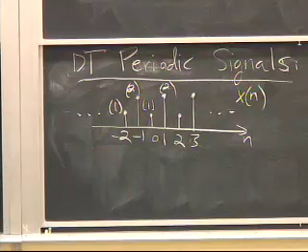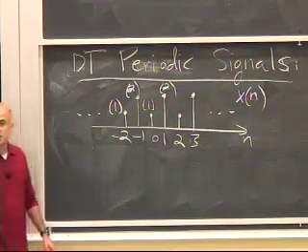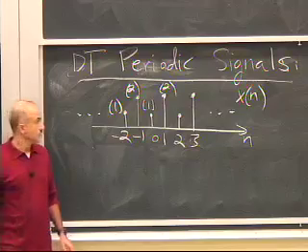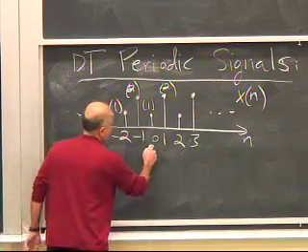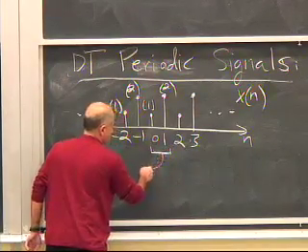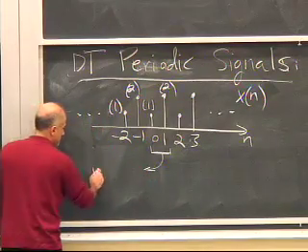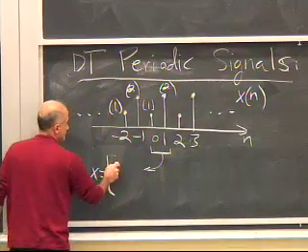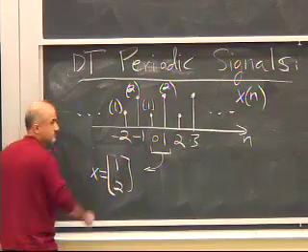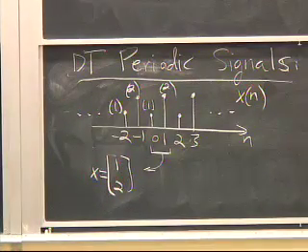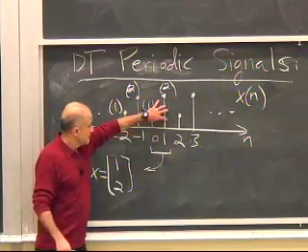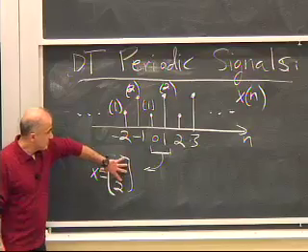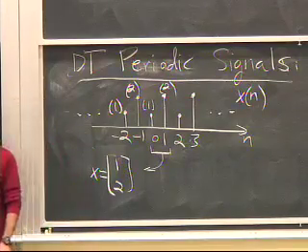One, using pure algebraic manipulations. And then I'm going to do a geometric analysis of what goes on. The geometry comes from here. If you look at any period, you can take the values of the signal in that period and stack them in the form of a vector. Right? I take one period. I can stack the values of the signal in that one period in the form of a vector.